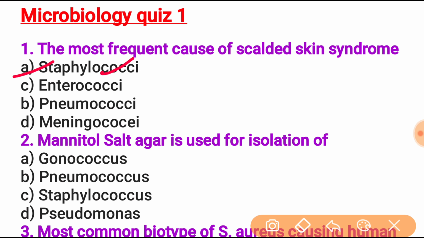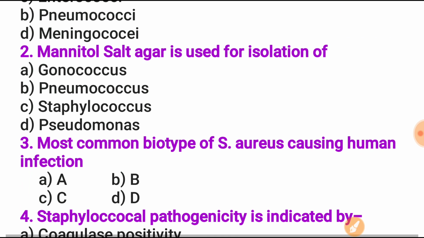Next question. Mannitol salt agar is used for isolation of which organism? The options are Gonococcus, Pneumococcus, Staphylococcus, and Pseudomonas. The right answer is Staphylococci.